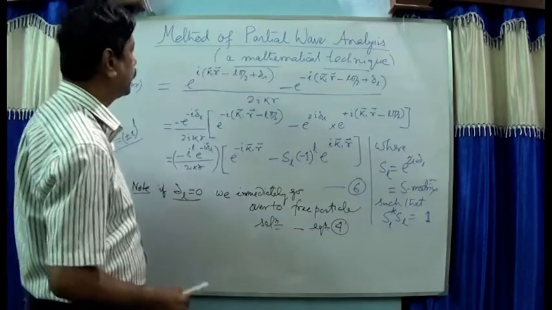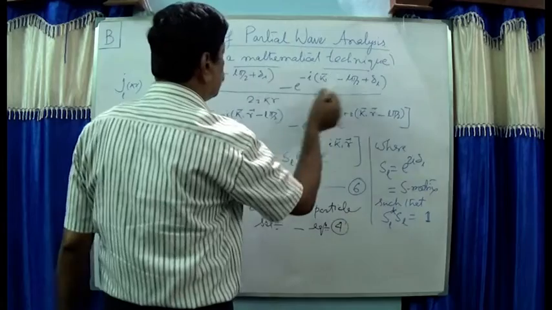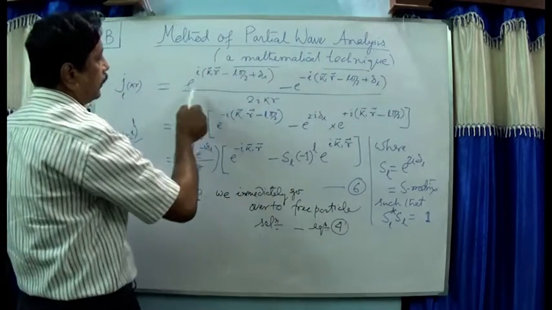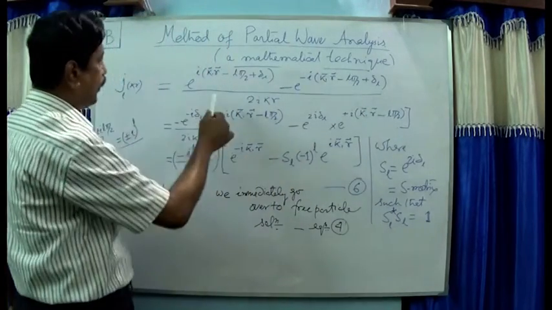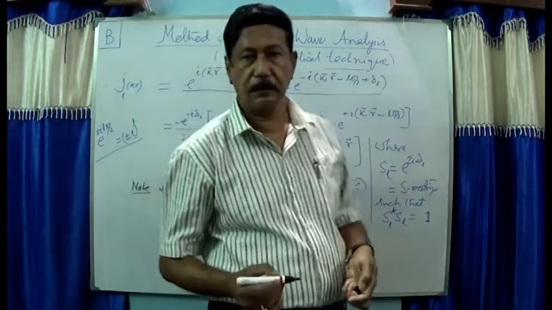So if I put δL equal to 0 here, we will get the representation of jL(kr) corresponding to a free particle.